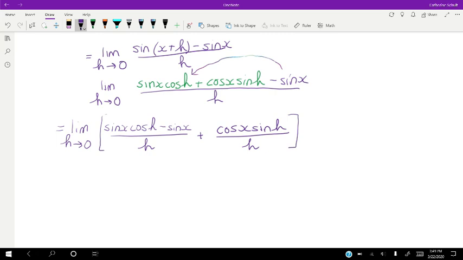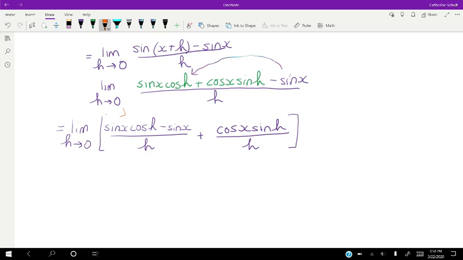Okay, and you can put this in parentheses, just so we're really clear on what we're taking the limit of. All right, so with limits, we have a couple properties. When we're taking the sum in a limit, remember we're allowed to distribute our limit to each term. So we're going to do that. In addition, we're taking the limit as h approaches 0.